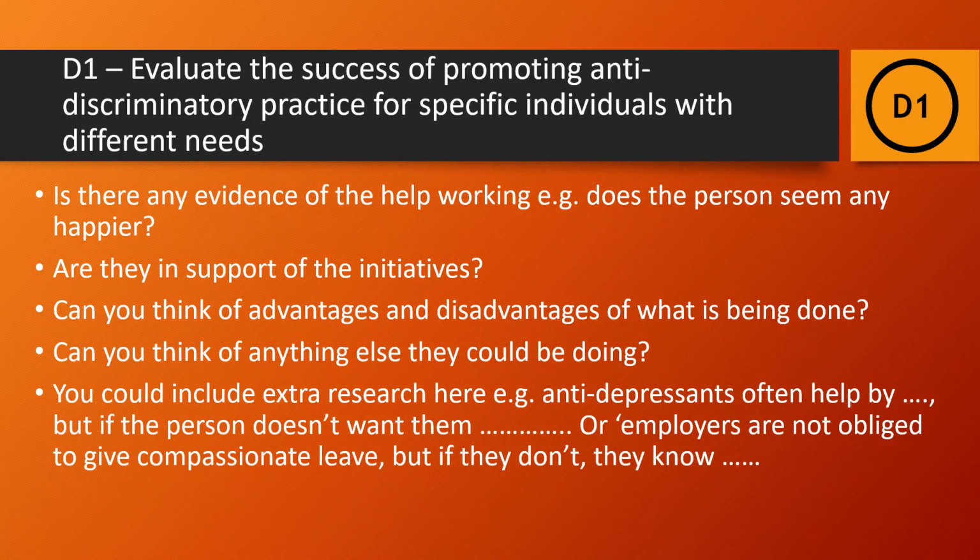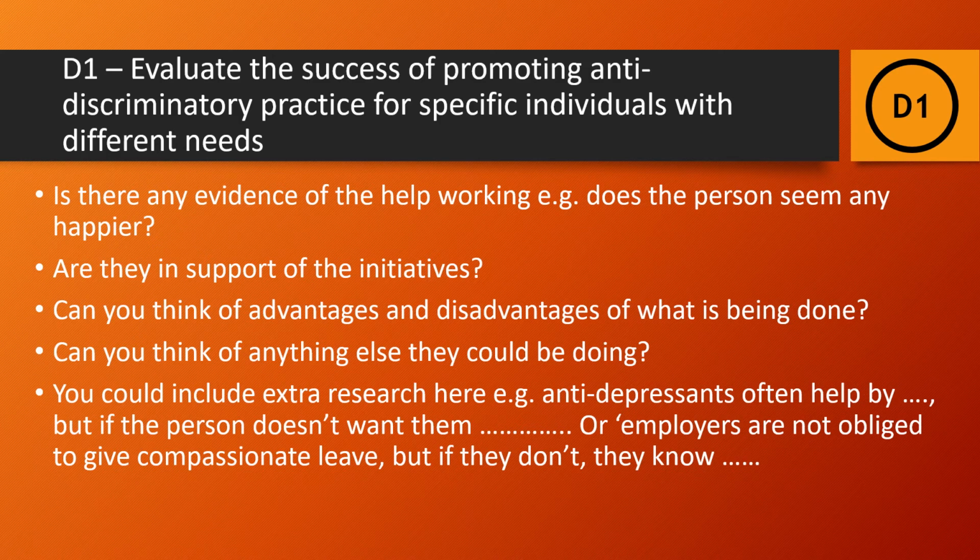Some of the things you could think about: is there any evidence of it helping or working? Does the person seem happy? Now, I know in this context we're talking about fictional case study characters, but based on their story, do you think the support is having an impact? What are the initiatives that could lead them to gain support, or are they in support of the initiatives? Pros and cons, as I mentioned, what else could be done?